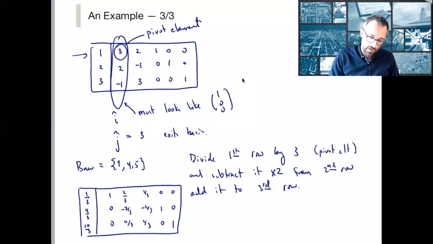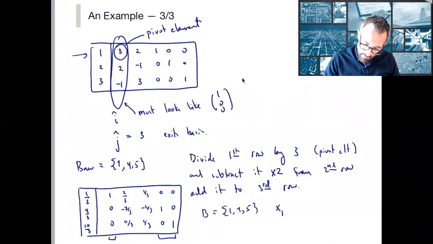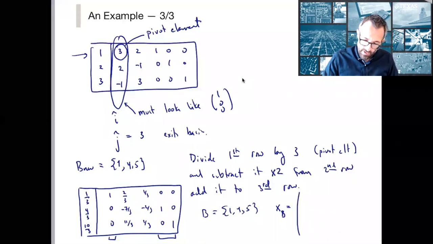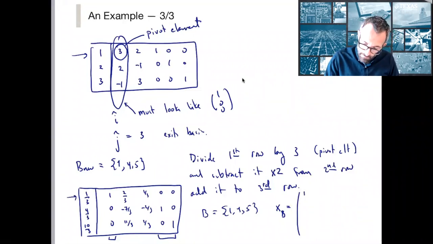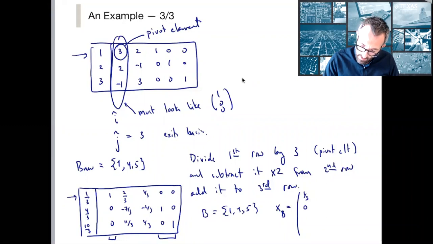What do we have? We know what the basis is. It's equal to 1, 4, 5. And we know what x_B is. The first element is in the basis, so I look at my table, it's 1/3. The second element and the third element are not in the basis, so I know it's 0, 0.